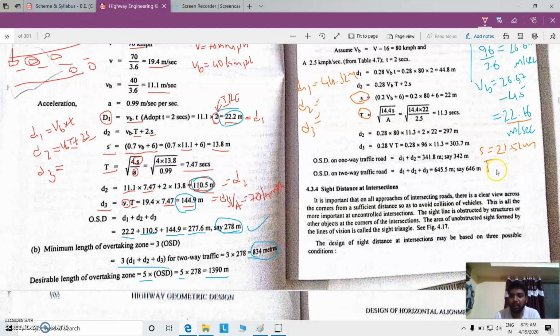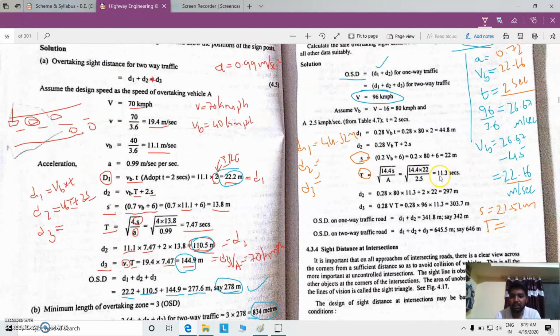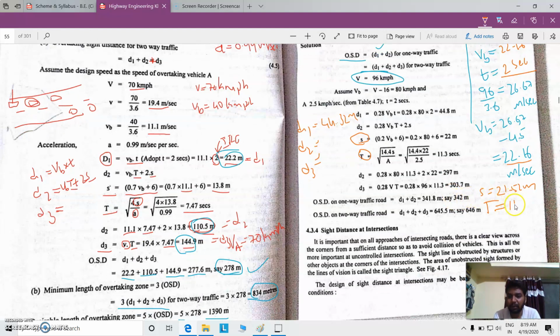Similarly, t is 4 into 21.52 divided by the acceleration of the vehicle 0.72, under root, and that gives 10.93, around 11 seconds.